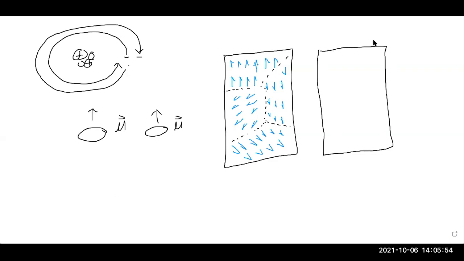So if there's a magnetic field applied to this whole thing, then this top left domain might grow.